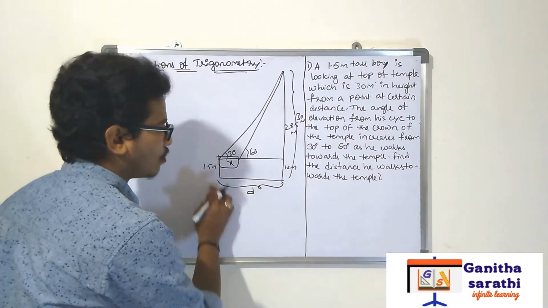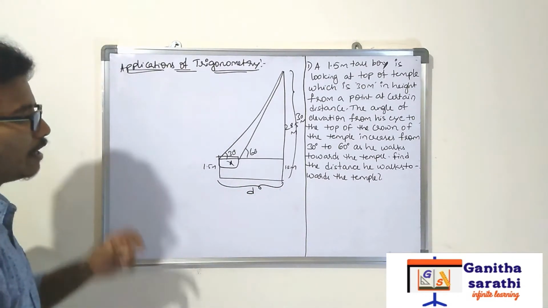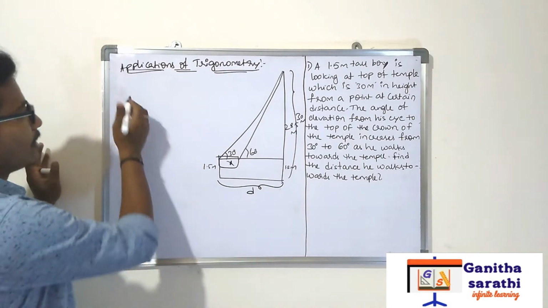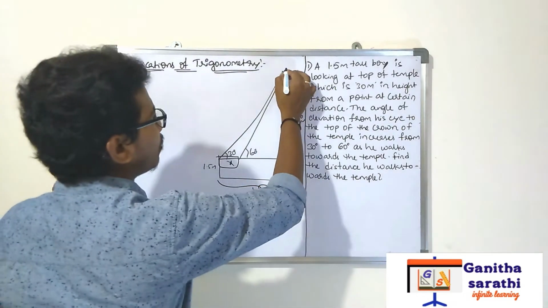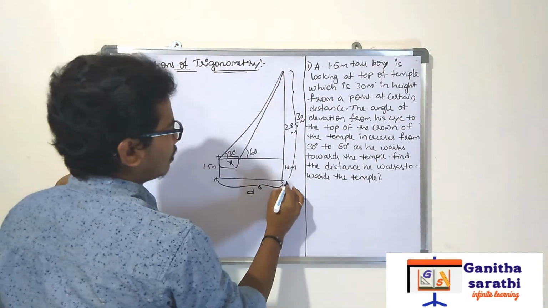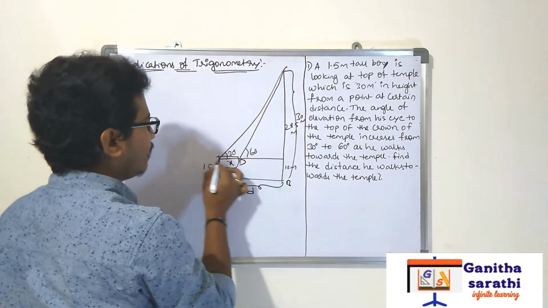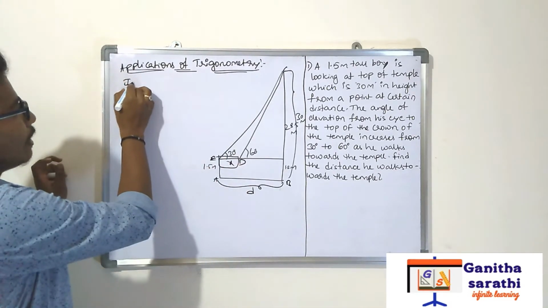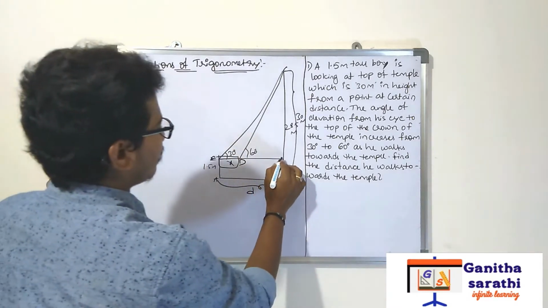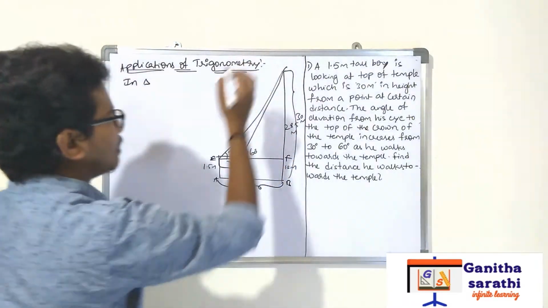If this is x and this is the total d value, first of all take tan 30 degrees, and then tan 60 degrees. Label the points A, B, C, D, and take this one as E. I am taking triangle DFC.